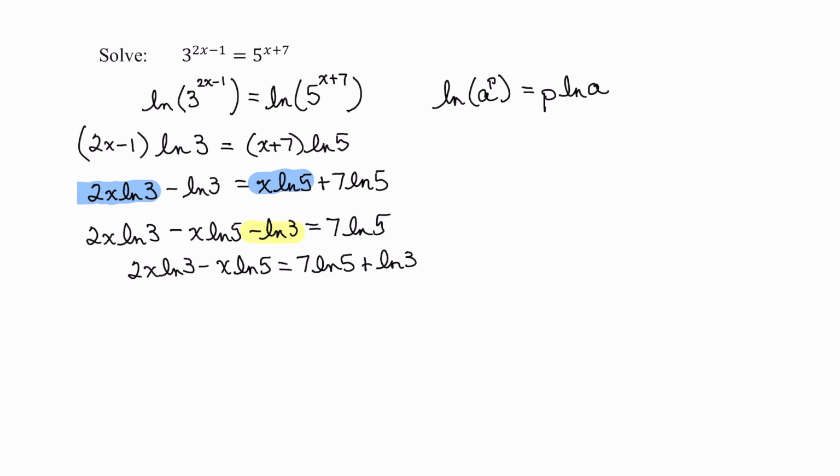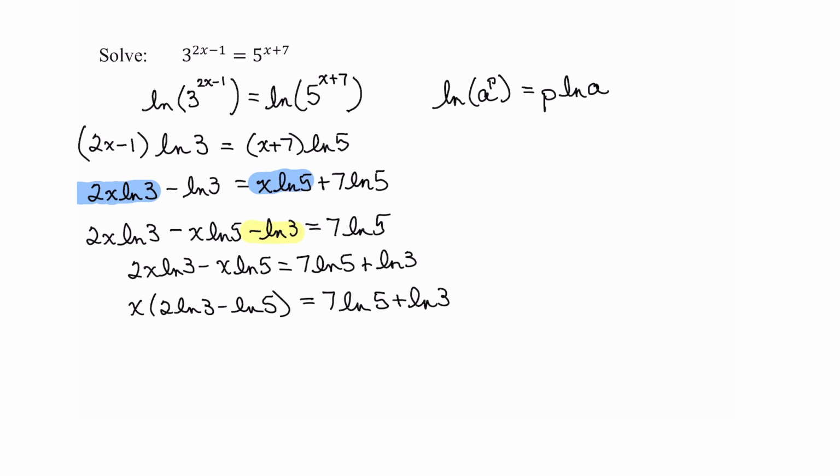And then on the left-hand side, our common factor of x can be factored out. So when I factor out the x, I have x times 2 times the natural log of 3 minus the natural log of 5. And then bring down the right-hand side. And then lastly, divide both sides by that quantity that is multiplied to your variable.